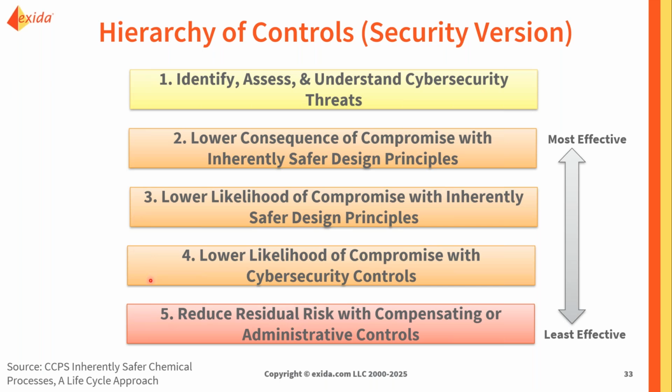Then we could look to lower likelihood through cybersecurity controls, again, for when we've brought the consequences as low as we can, then using security controls and best practices. And then lastly, relying on administrative controls for that last step of reducing any remaining residual risk.